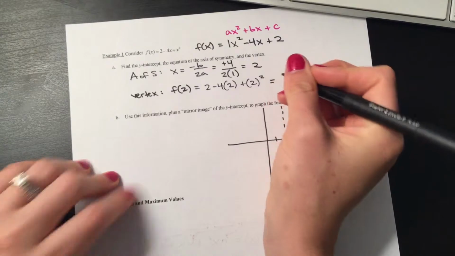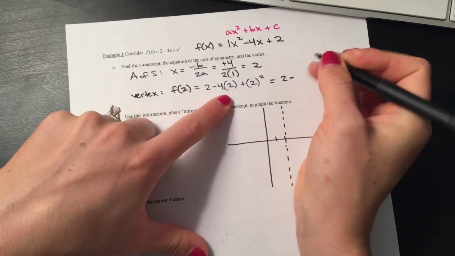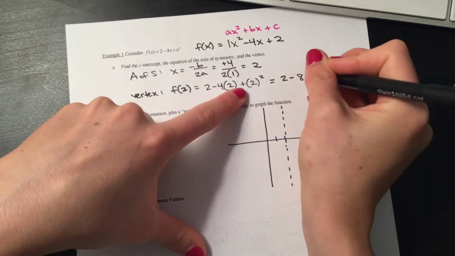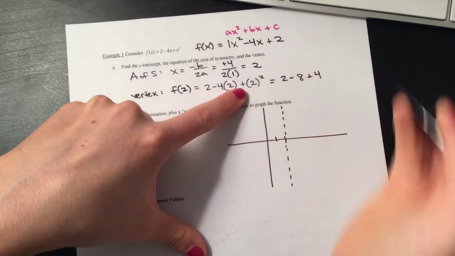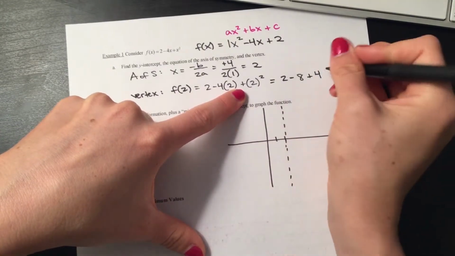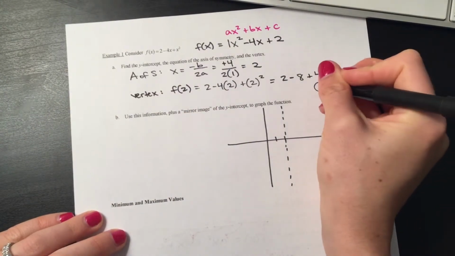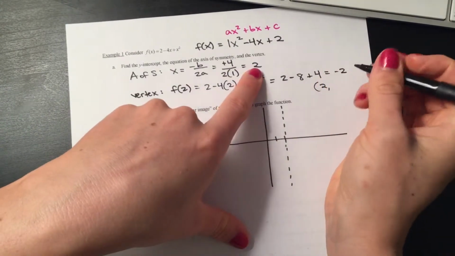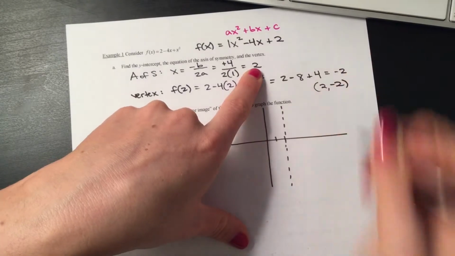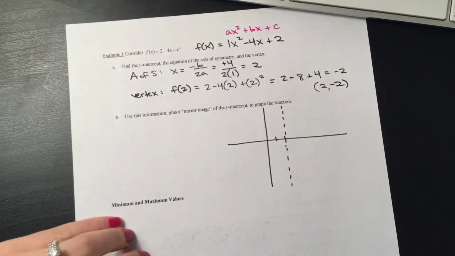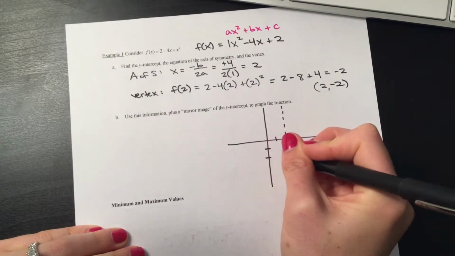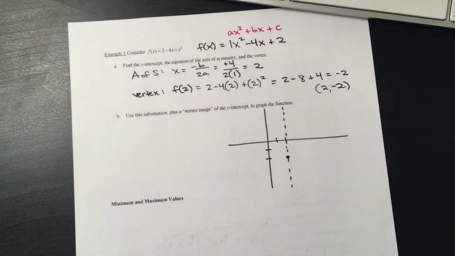Okay, so simplify this down. So I have 2 squared minus 4 times 2 plus 2. Okay, so 4 minus 8 is -4, plus 2 is -2. So that means it's an ordered pair. So the vertex is 2 for x, which we found up here, and then -2 for y. So that's an ordered pair, and we can plot that. So right there would be our vertex.